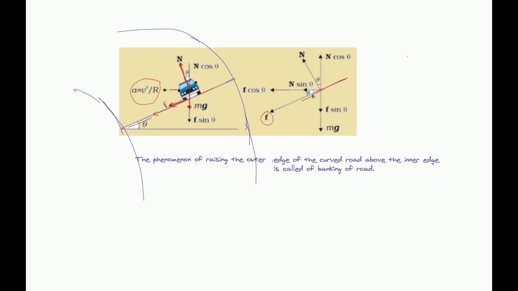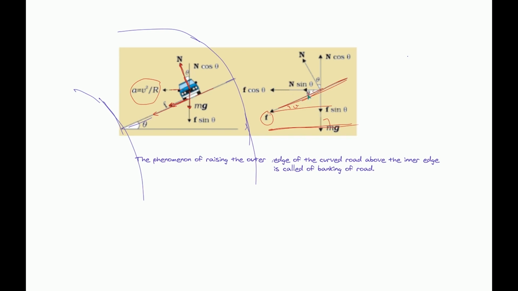This is the level surface along which you have friction, and mg will always be perpendicular to the horizontal reference line. So here some angle theta is there. Obviously this angle will be theta, right? Yes. The friction makes theta with this horizontal line.